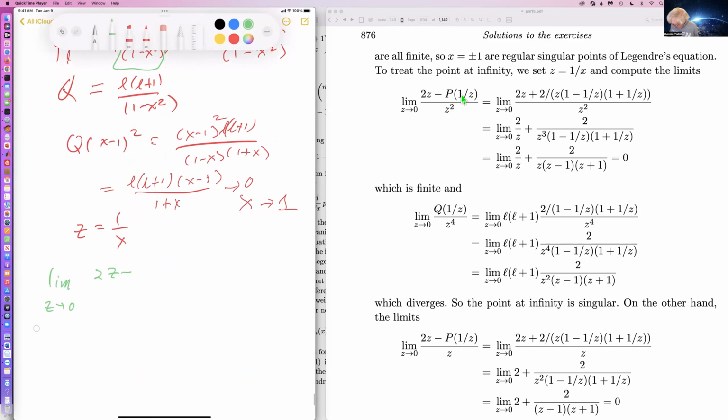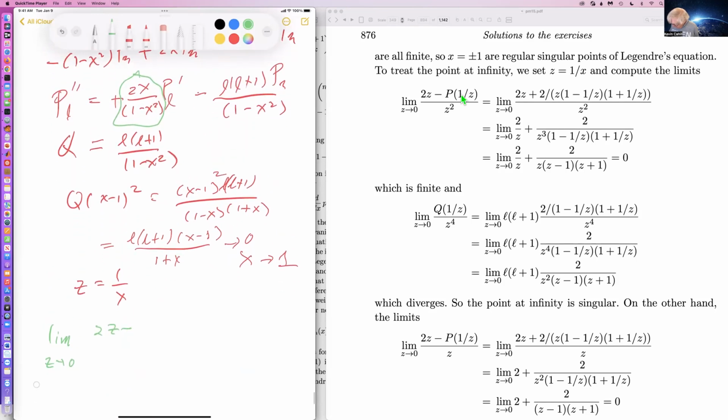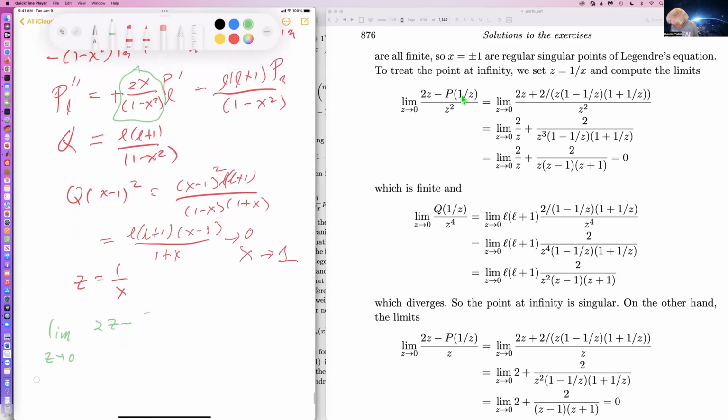So this is minus 2 over z divided by (1 minus 1 over z) squared. And so that's this structure here. Oh, and then you divide by z squared.